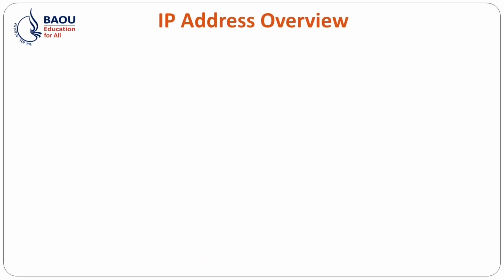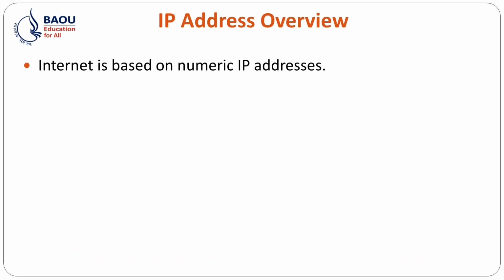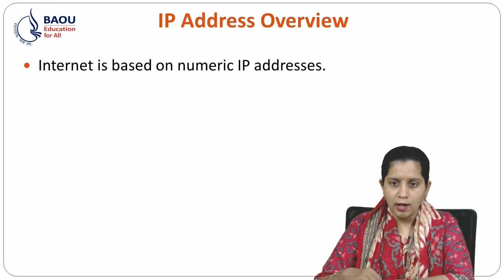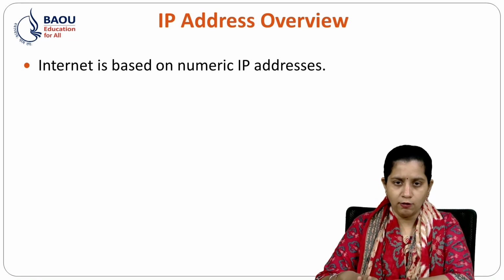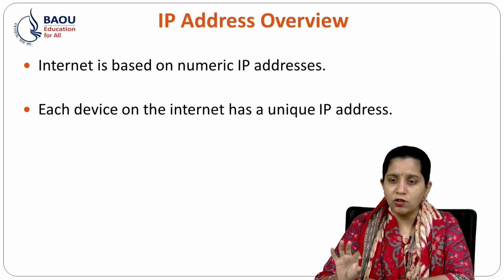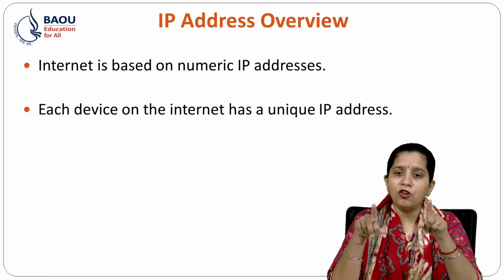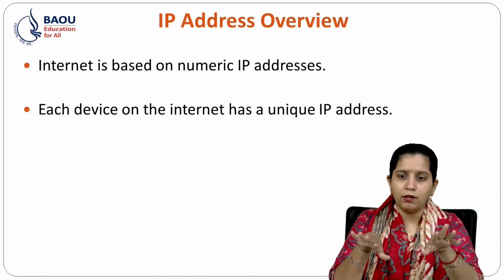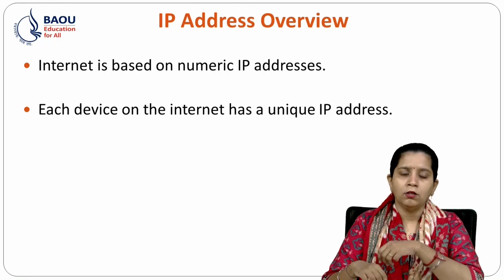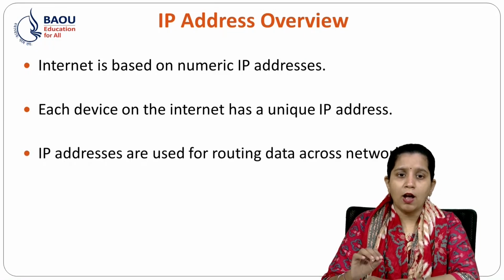IP address overview: the internet is based on numeric IP addresses. Each device on the internet has a unique IP address. My PC's IP address and your PC's IP address are different. IP addresses are used for routing data across the network.